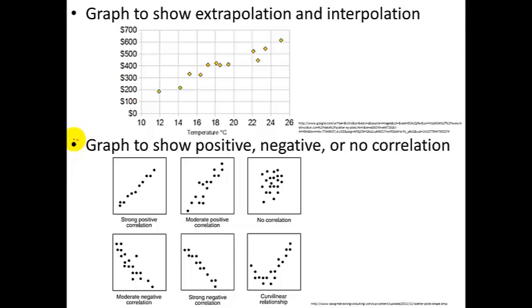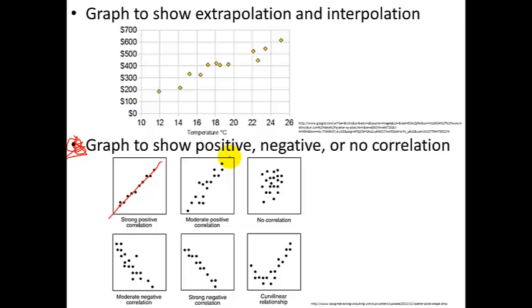Let's start with this one because it's a little easier and more salient. Whatever that means, I just like to say it. This is a graph to show positive correlation, negative correlation, or no correlation. If the line that you would draw through them has a positive slope, then we call it positive correlation. This is called strong positive because all the dots are very, very close to the line.